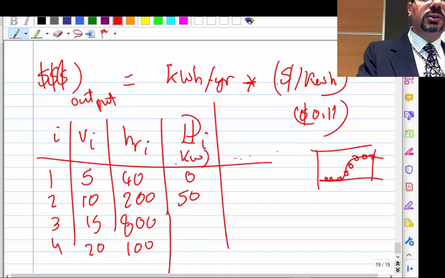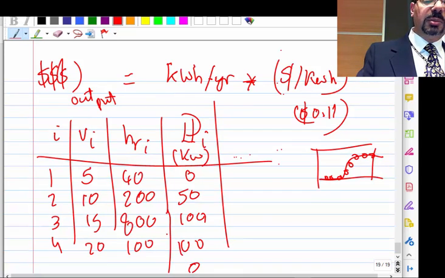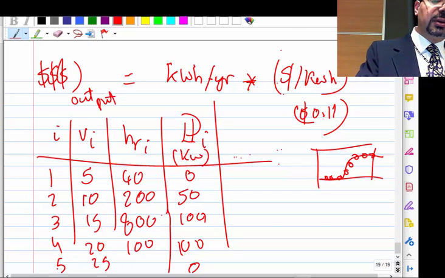This is in kilowatt, so it's a small turbine, and here it's 100 kilowatt, and then after that it's 0, because this is a cutout speed, say at 25. So then it doesn't really matter how many hours you spend.